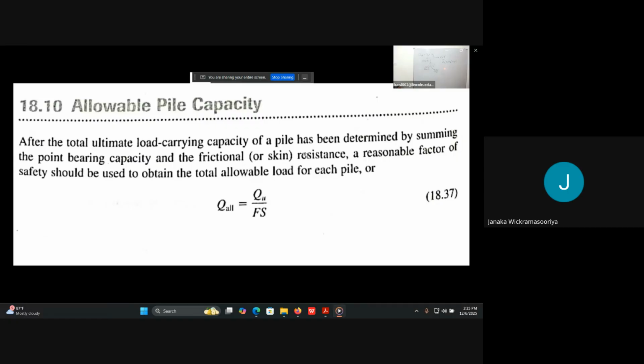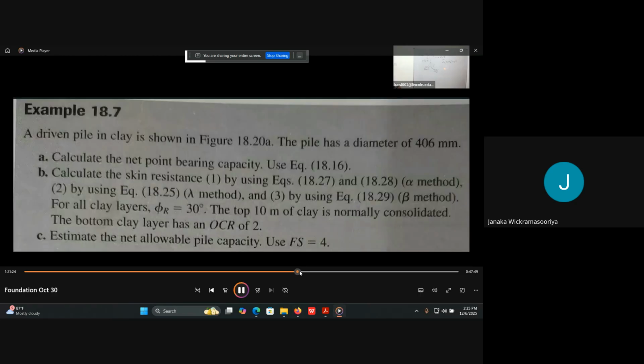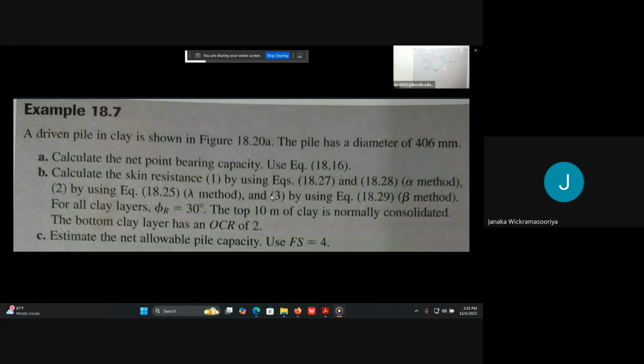So allowable pile capacity, as you have learned, will be the total load carrying capacity, and you will need that when you determine the allowable limit. So the question is, a driven pile in clay is shown in figure 18.2.